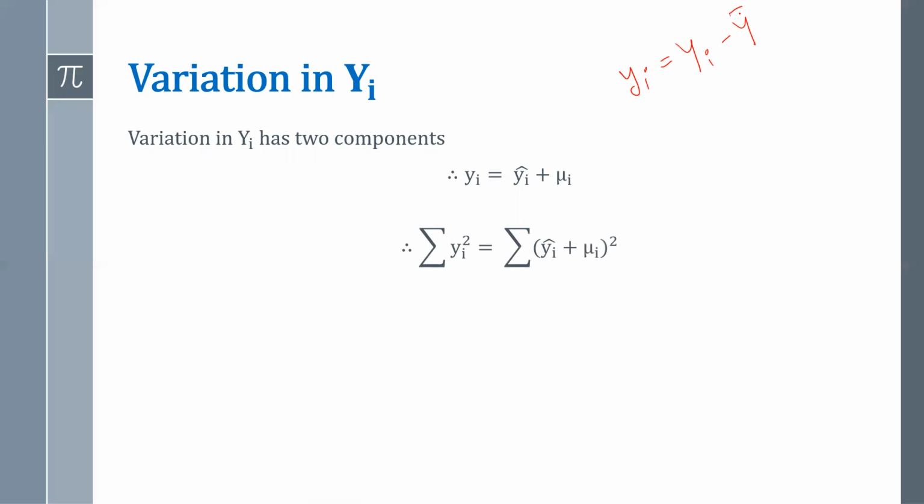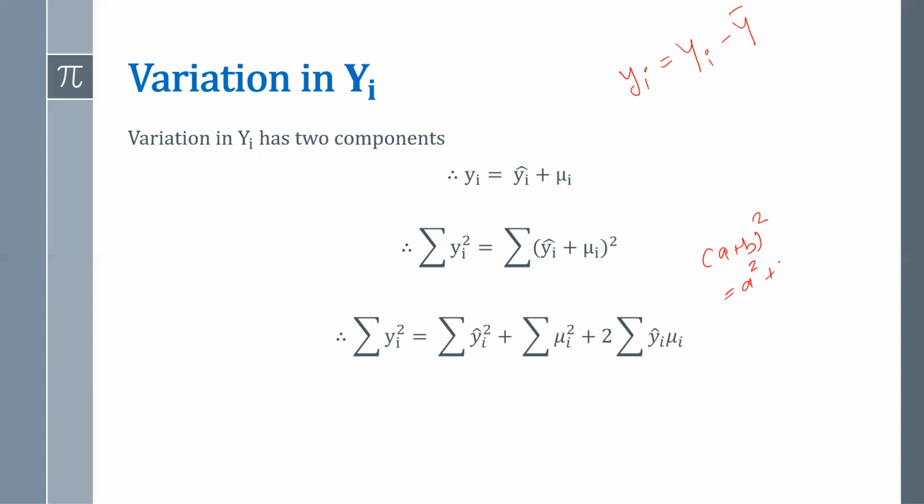So therefore, summation yi square is equal to summation yi hat plus mu I whole square. So if we open up the bracket, we will get summation yi square is equal to summation yi hat square plus summation mu I square plus 2 into summation yi hat into mu I. So this is a plus b whole square formula, which is equal to a square plus b square plus 2ab.